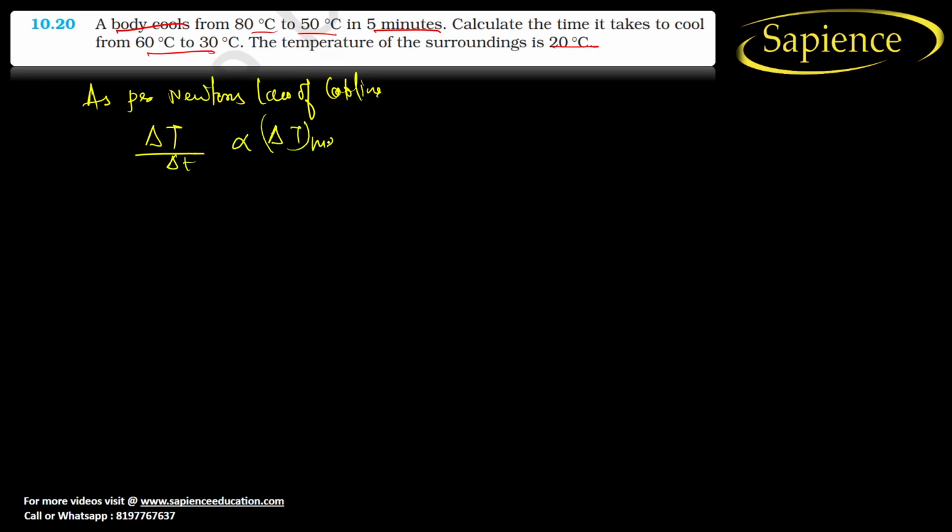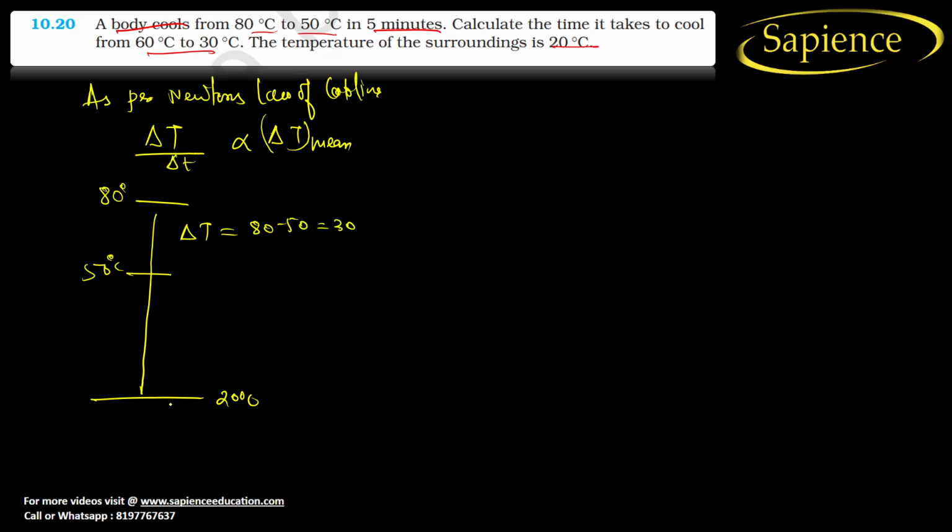So for example, case 1, if we draw the case 1, this is 20 degrees Celsius and this is 80 degrees Celsius and the lowest temperature is 50 degrees Celsius. So the change in temperature will be 80 minus 50, that is equal to 30. But when we talk about the delta T mean, before that we need to find T mean.